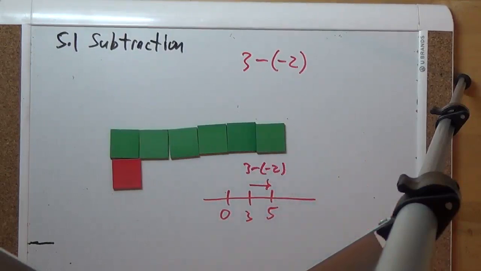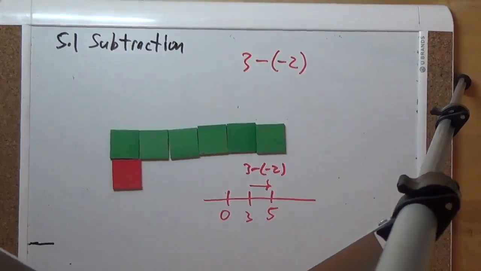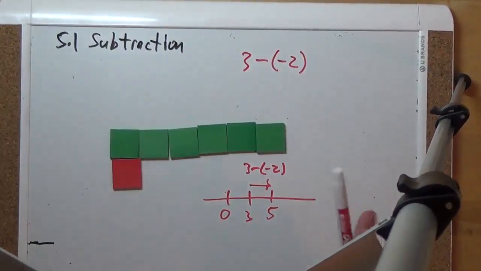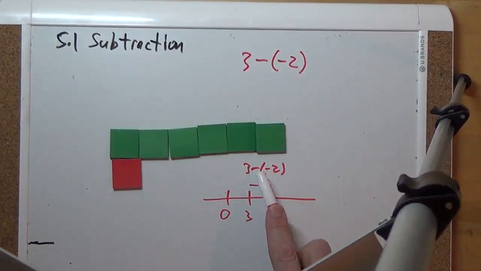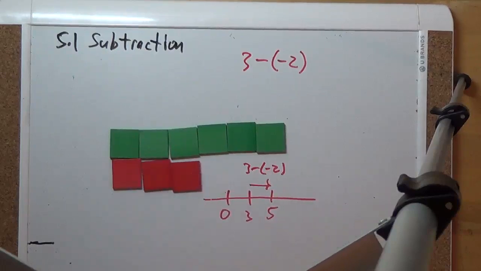I moved right on the number line. Suddenly, we're getting larger with subtraction when previously we were always getting smaller. So this physical action, that's why we like the chip model, because it follows the action of taking away and yet moving right on the number line.